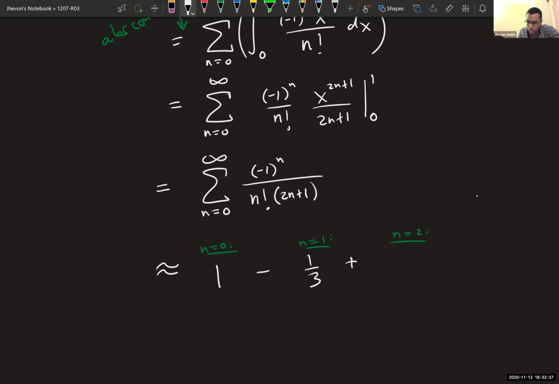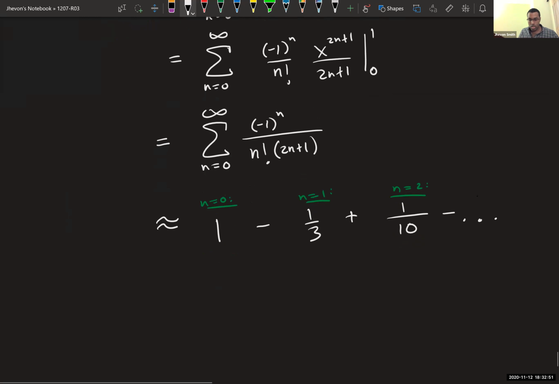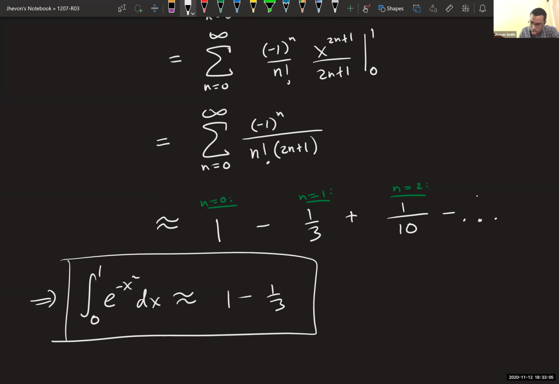Plug in n equals 2, I would get 1 over 10. Looks like that's 2 times 5. Yeah, minus dot dot dot. And so this means this guy is approximately equal to 1 minus a third, using a sum of 2 fractions.